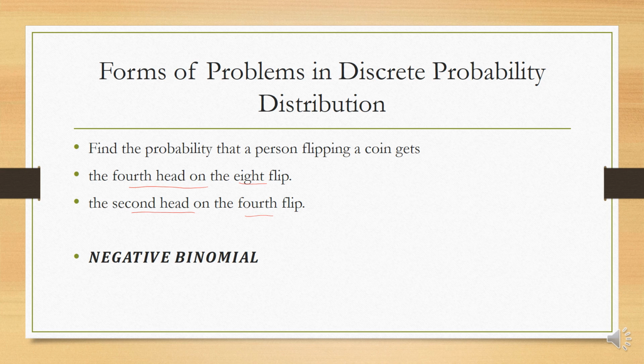Meron kang 4th head at yung 4th head na yon ay pang-8 mo na siyang flip. So, nag-flip ka ng una, siguro nakakuha ka ng head. Nag-flip ka ng pangalawa, walang head. Pangatlo, so hanggang sa 8 na pag-flip mo, 4 na yung head na nakuha mo dun sa pag-flip na yon. So, if this is the way that a problem is written, you should be able to identify this as the negative binomial.